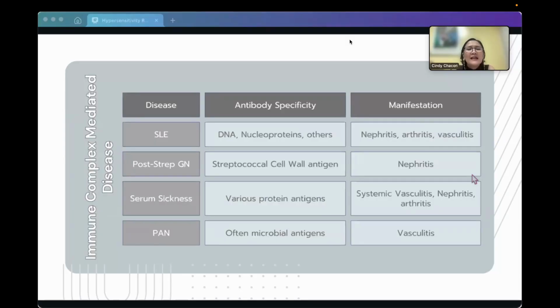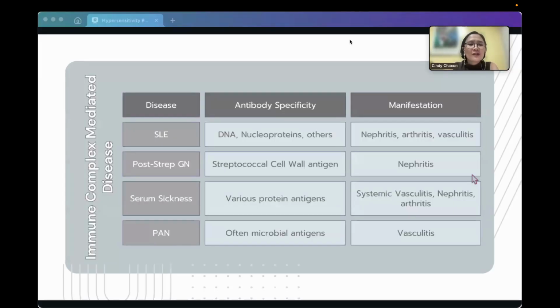Post-strep GN: after a streptococcal infection, the antibodies formed against your streptococcal cell wall will bind with these antigens. They will lead to the formation of immune complexes. They will get trapped in the glomeruli of the kidneys, causing nephritis.